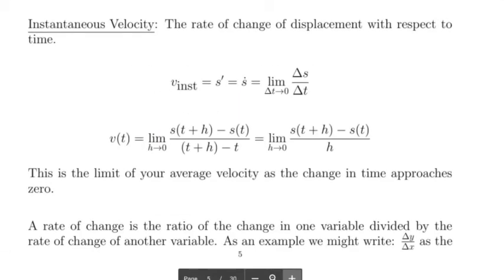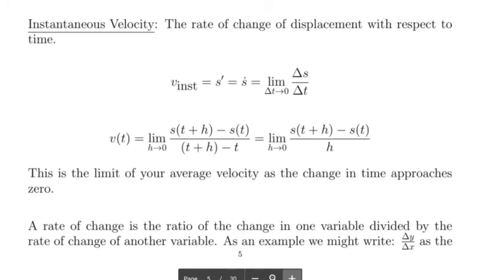Now we're going to introduce the tool of the derivative, and we're going to talk about instantaneous velocity. That's going to be the rate of change of displacement with respect to time. Except that now, instead of using the slope formula with macroscopic steps, we're going to use a derivative to take microscopic steps.